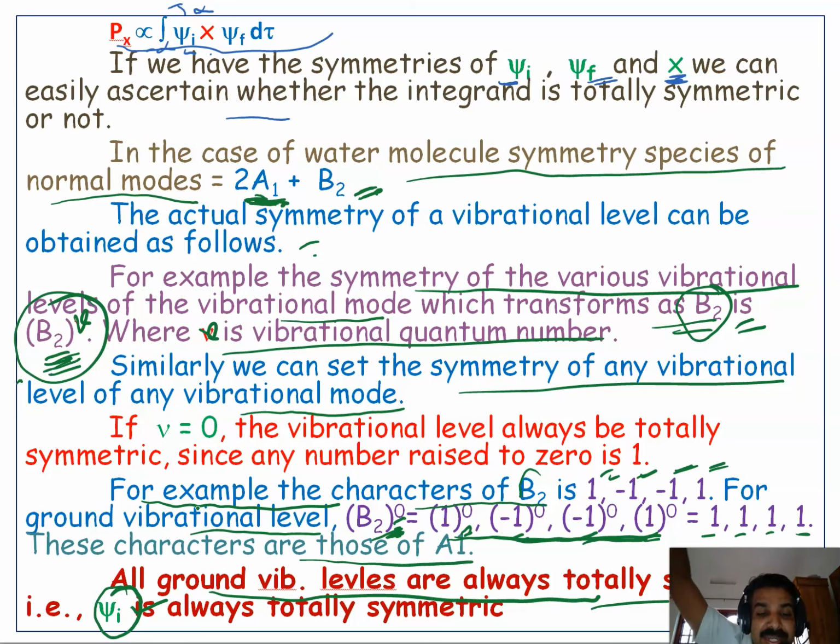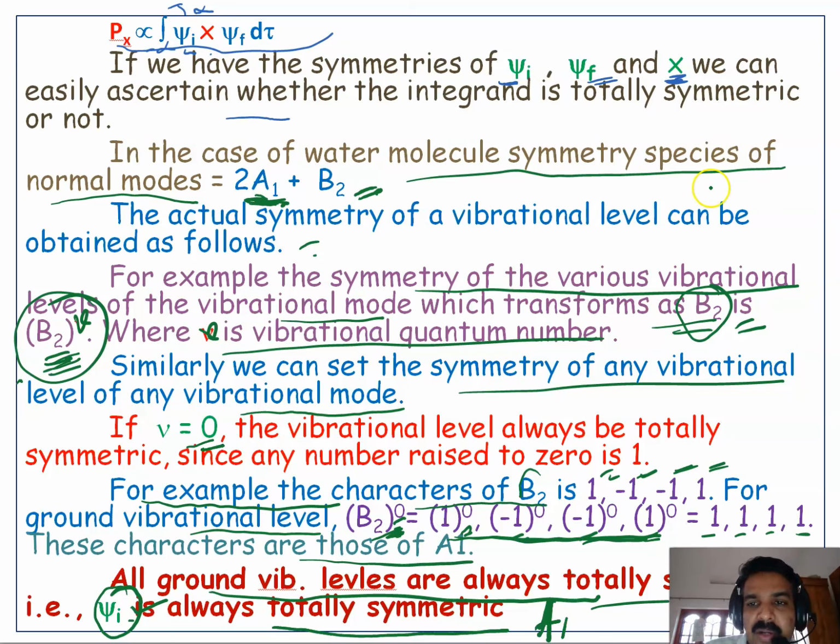So the most intense transition is from the ground level to the first level. So psi I is the ground level, that is v is equal to 0, and that level is totally symmetric, that is A1, in all vibration modes. That is psi I. This is a very important point: psi I is always A1, whichever be the mode.